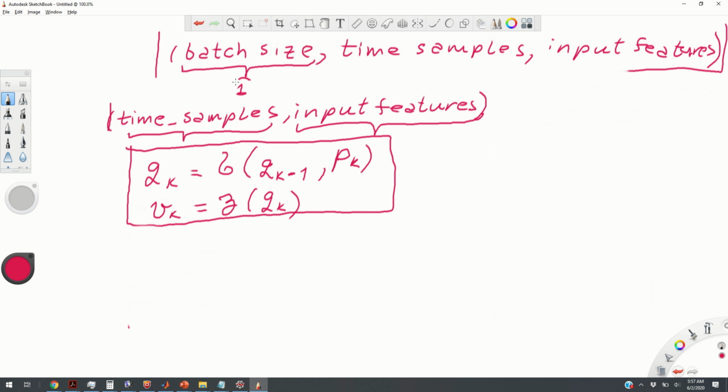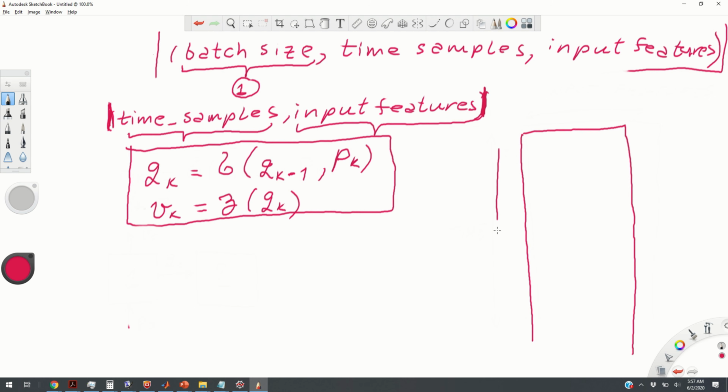For the time being, we are going to assume a batch size of 1, and that simplifies our situation because we are going to have input matrices of time samples times input features. So your inputs for training the neural network will have the following shape: this will be time samples, and this will be input features.